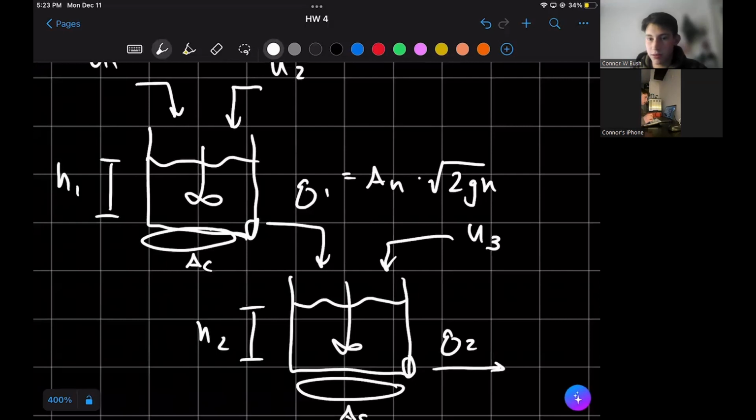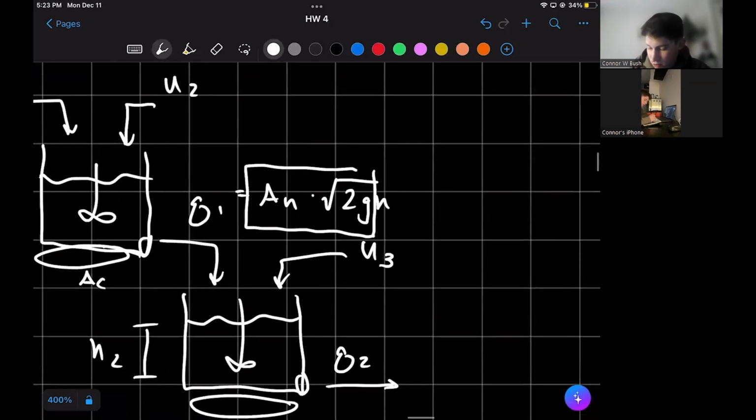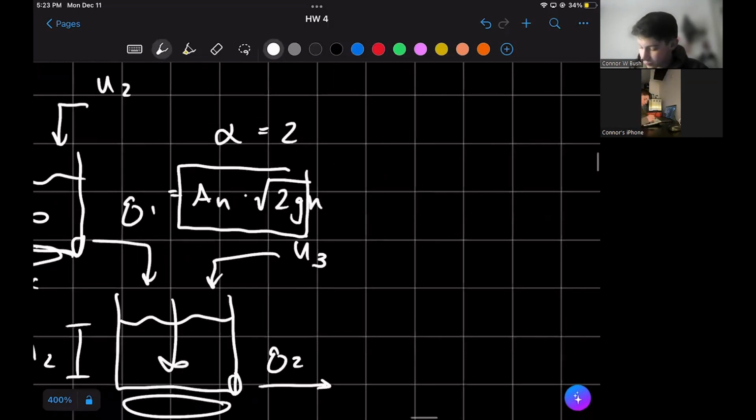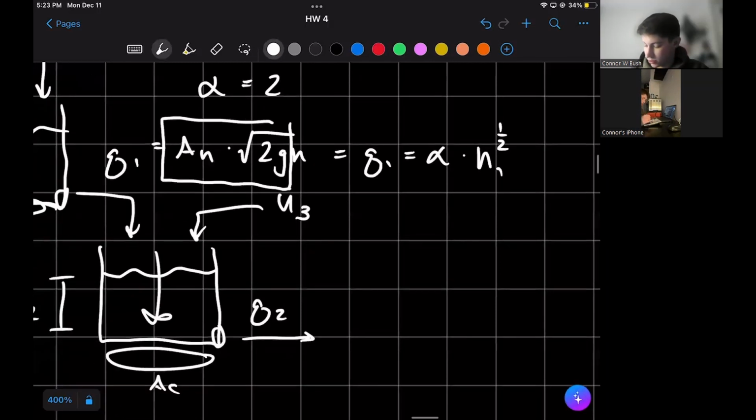To simplify the expression for Q, we're going to separate this part and just call it alpha. Our value is given in the problem as just 2. So we can say Q1 equals alpha times the square root of H1, and similarly Q2 is alpha multiplied by the square root of H2.